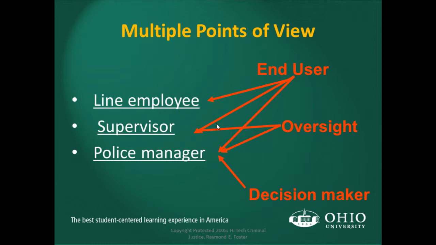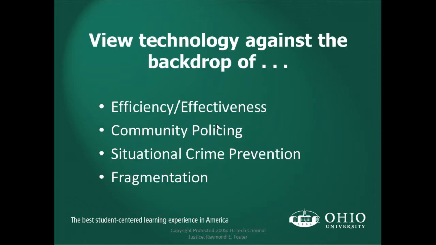Some supervisors also fall into the category of oversight, and that oversight also extends to police managers. Typically the decision maker is the chief or whoever is at the top of the law enforcement agency. So there are going to be different perspectives about technology based on who you are and your position in the organization.